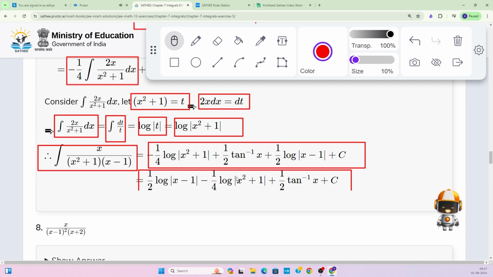Now we have seen the solutions for problems number 1 to 7. In today's session, we will be discussing only these problems. The remaining problems we will see in the upcoming session. So for now, I hope you understood how we applied our theory, our concept of partial fractions.